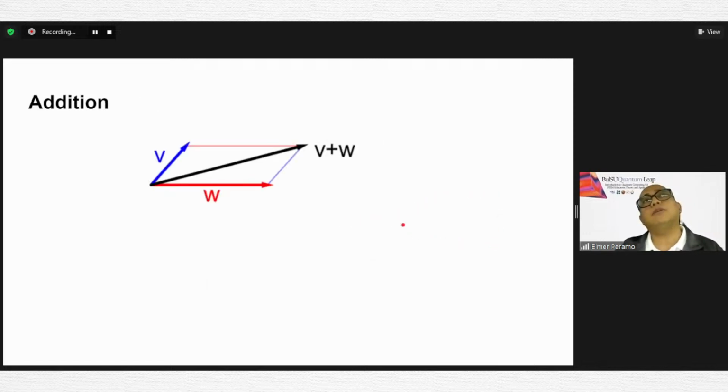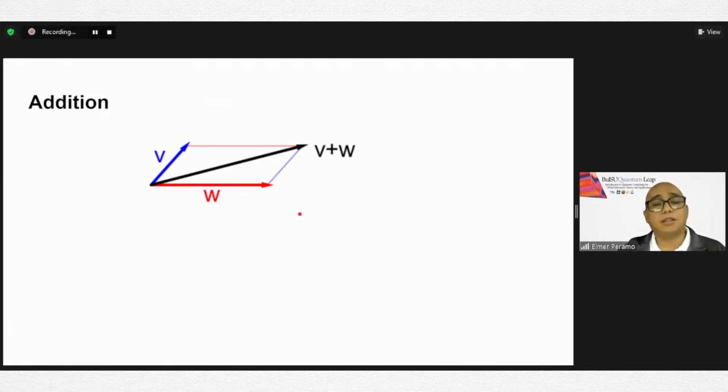Addition. So basically, when we do addition of vectors, I'm not sure if I discussed this yesterday, we use the tip-to-tail method. We connect the tip to the tail and then project another arrow from the origin to get the final sum. For example, in this case, this is your vector W and this is your vector V, or this is one complex number, another complex number.